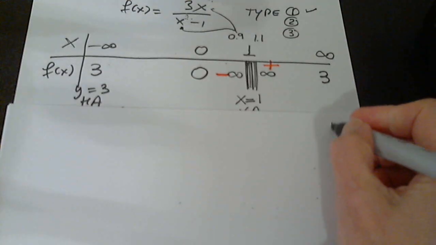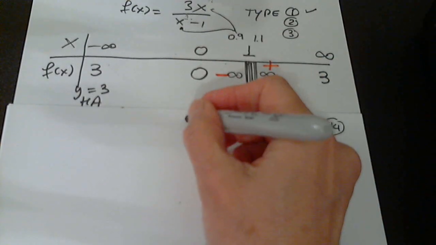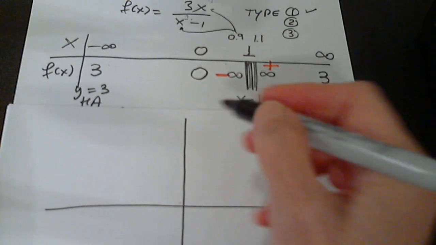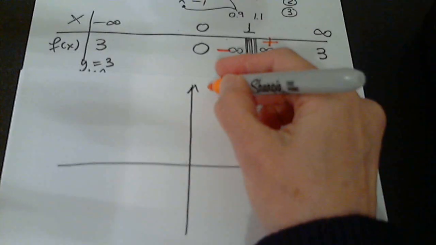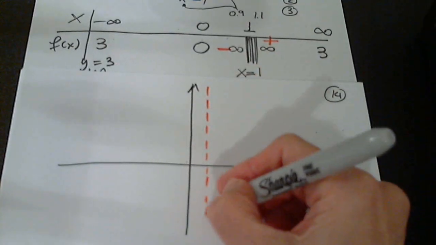So now, let's graph the function. When we graph functions with asymptotes, we must graph the asymptotes first. Okay, I see two asymptotes. I see x equals 1. They're not part of the graph.